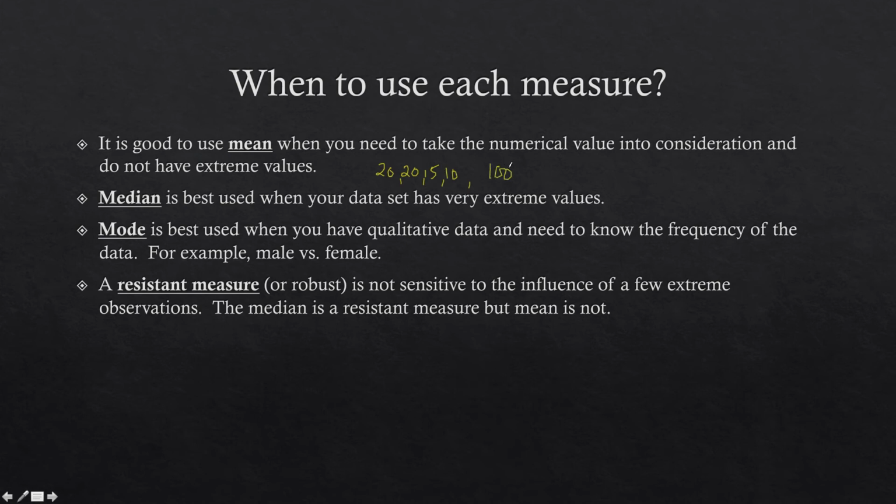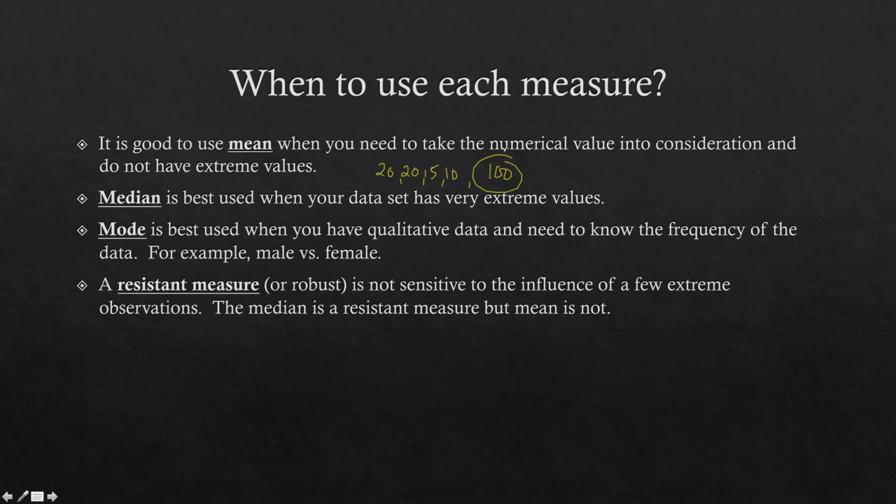Now, hopefully your grades aren't going to look like this, but I wouldn't want to use the mean at this point because I have an extreme value here. When you add all these up and divide by the total number, that extreme value is going to skew the data set. Okay?